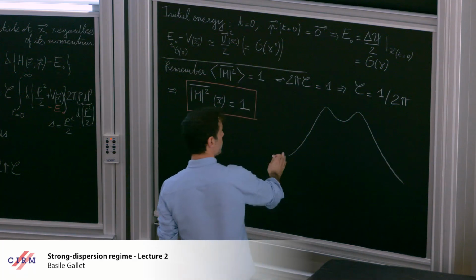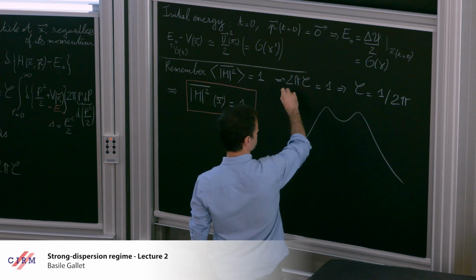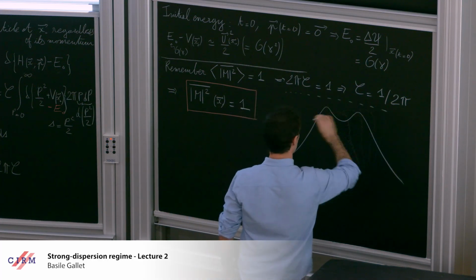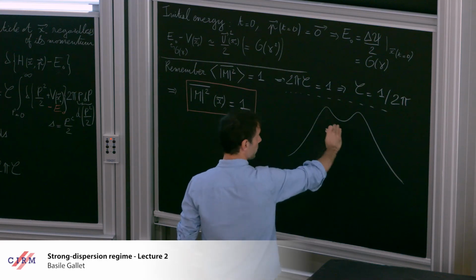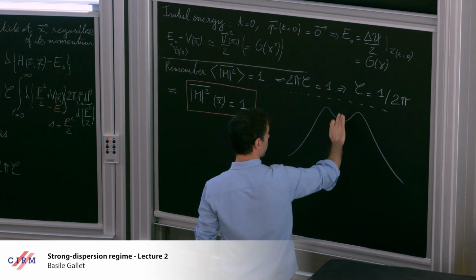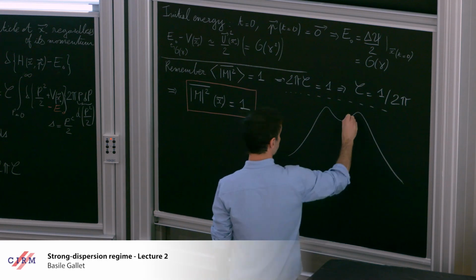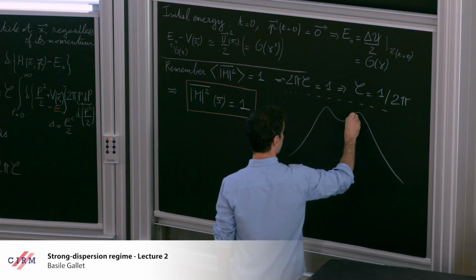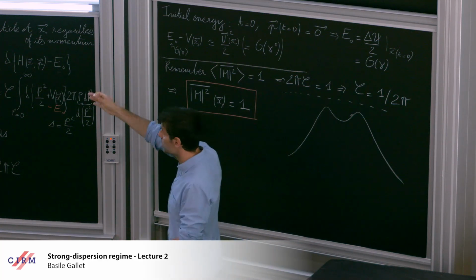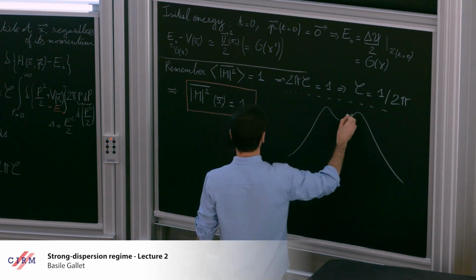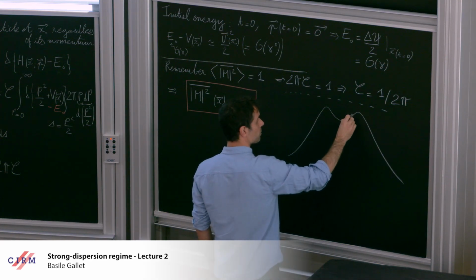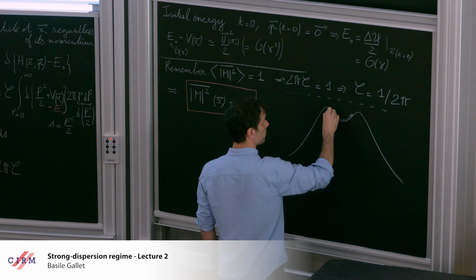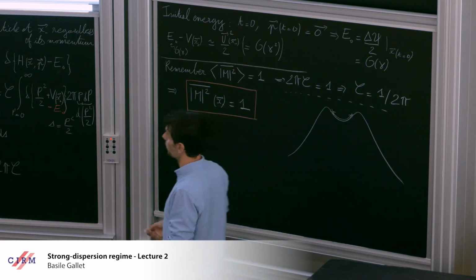Okay, u squared is 0, so maybe this would be the 0 level, but then you also have an anticyclone that's producing this dip with a localized vorticity structure. And if that's the case, particles that are initialized here with 0 momentum, so 0 velocity, if the potential is axisymmetric, they will just go back and forth in this potential well and remain trapped there.